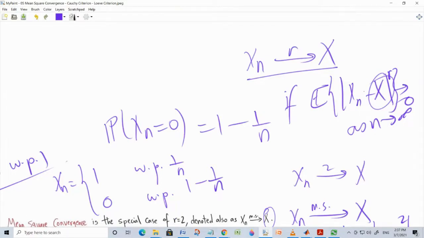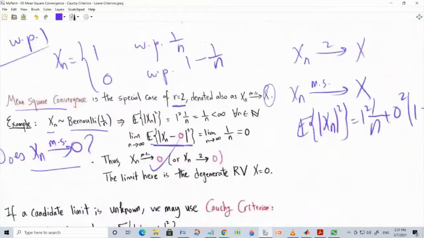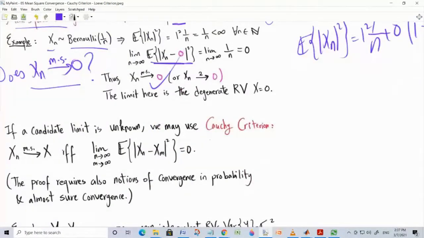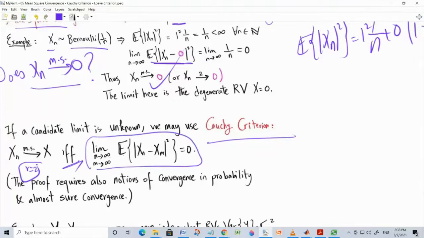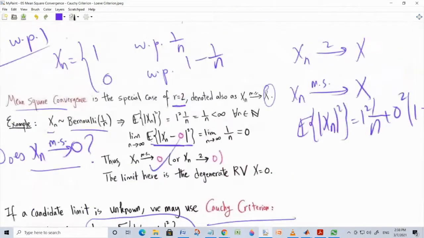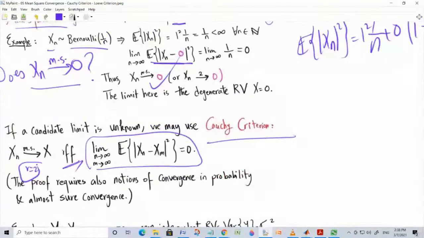Here's the good news. If r is equal to 2, so in the special case of mean square convergence, you can check convergence without a candidate limit. There are basically two criteria, and one of them is the Cauchy criterion. It tells you there is convergence in mean square if and only if this limit holds. See this limit, it's different from the original definition, and there is no candidate big X here.